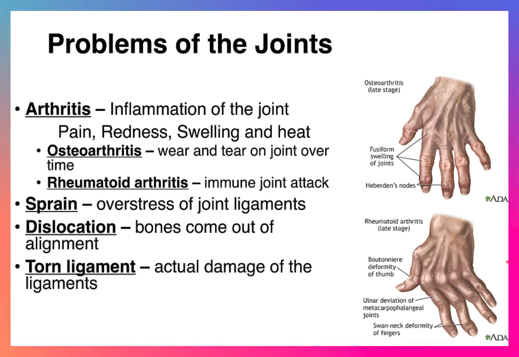The last, as I mentioned before, is you can tear the ligaments in the joint. Classical sports injuries, such as you'll hear on TV that the person had an ACL tear, or a PCL tear or an MCL tear. What they're talking about there is the anterior cruciate, posterior cruciate, and medial collateral ligaments.